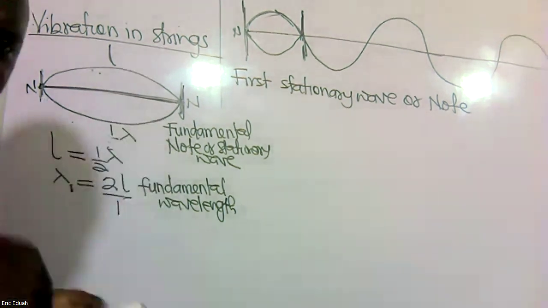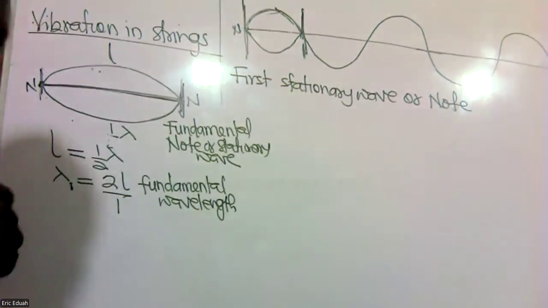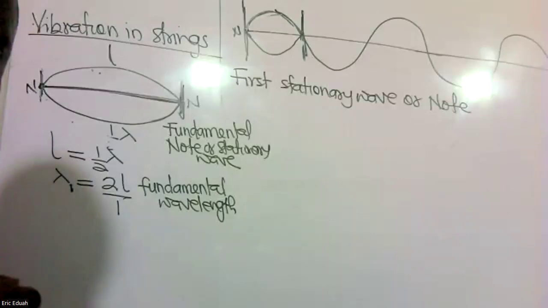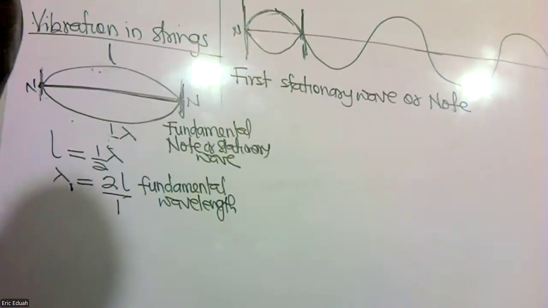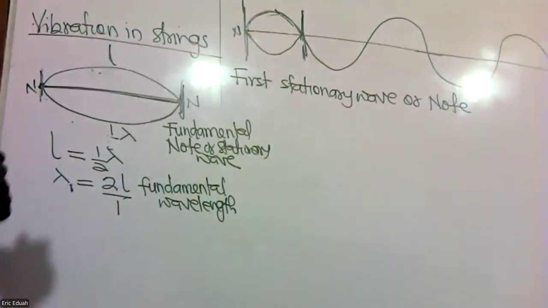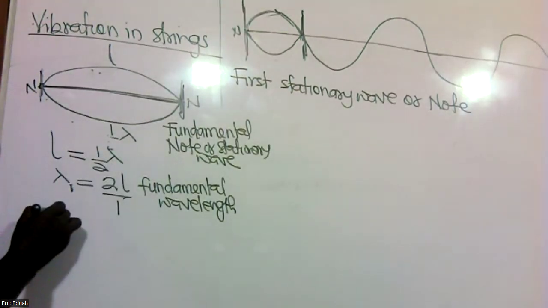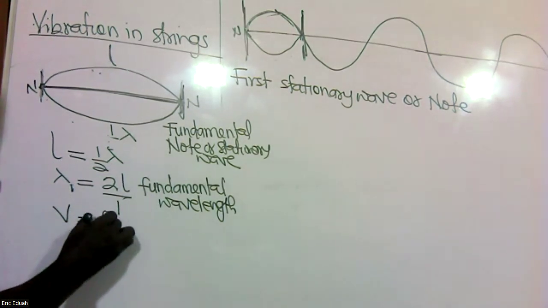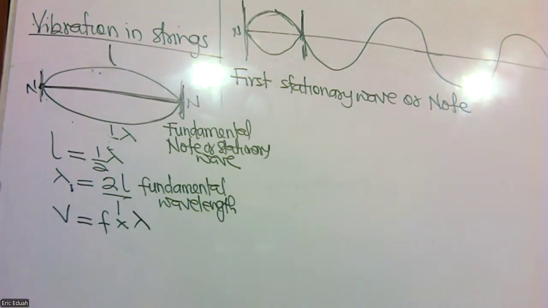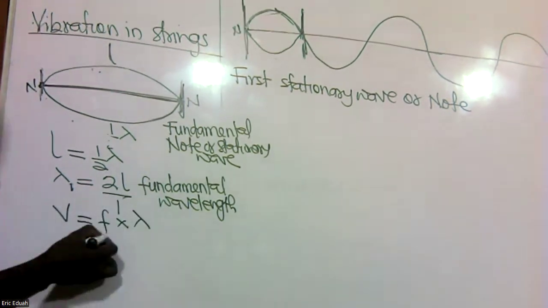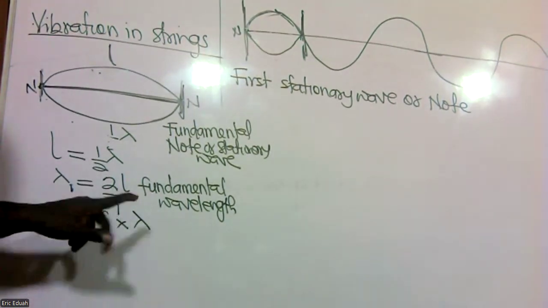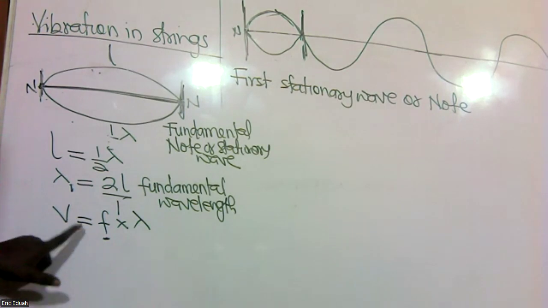Now, when the medium is disturbed, the waveform travels with the velocity of sound in air. So because the speed of sound in air, V, is given by frequency times wavelength, we determine the fundamental frequency from this relation.